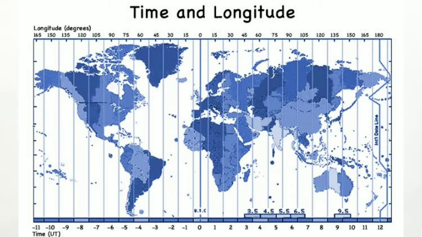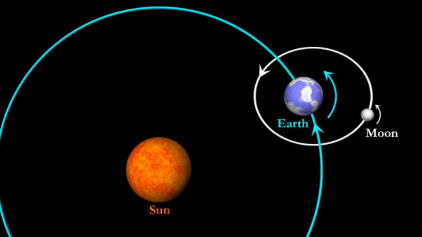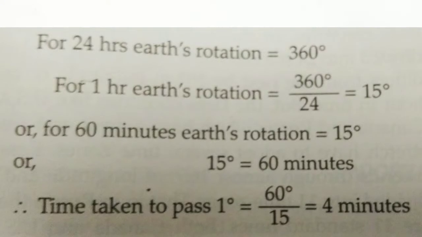So now, moving ahead, we'll be studying about longitude and time. As we all know, the sun is the best way to know the time, and time can be found out by relating the sun with the movement of the earth. As we all know, the earth takes 24 hours to complete one rotation. One rotation means the earth completes a full 360-degree movement.